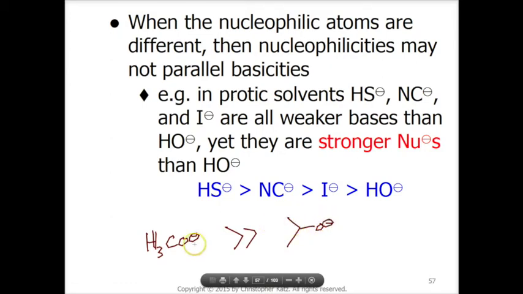Why? The simple case of size. Now remember, in science, we name things by their employment. So while methoxide and isopropoxide are similar as bases, both around 16, 17 pKa units, big deal. Methoxide is a better nucleophile than isopropoxide. Why? Because this guy here is smaller, and it does its job better.